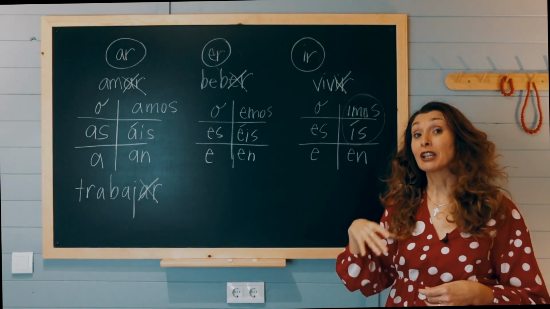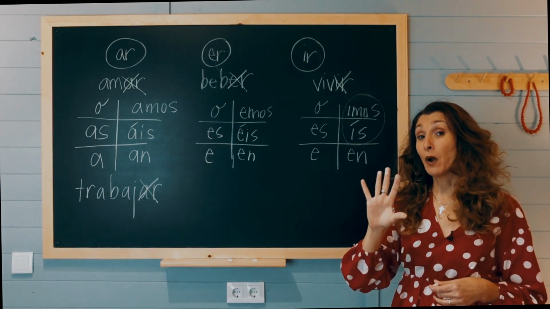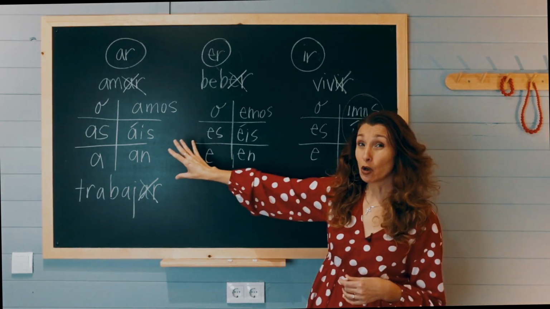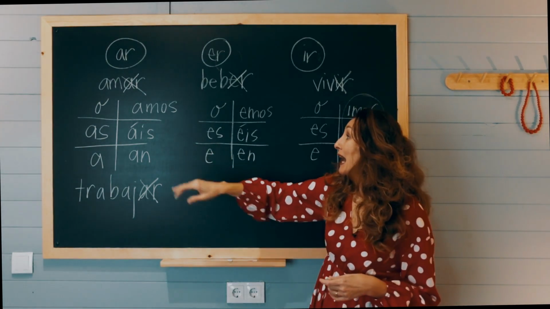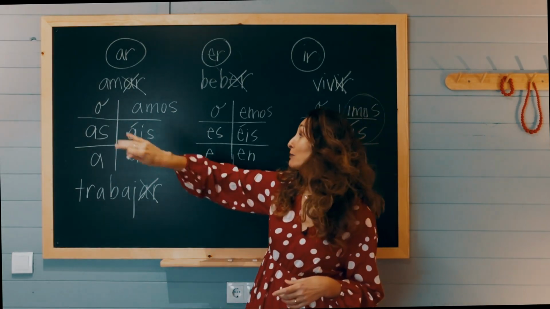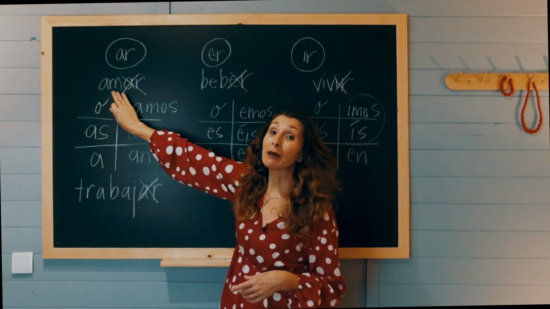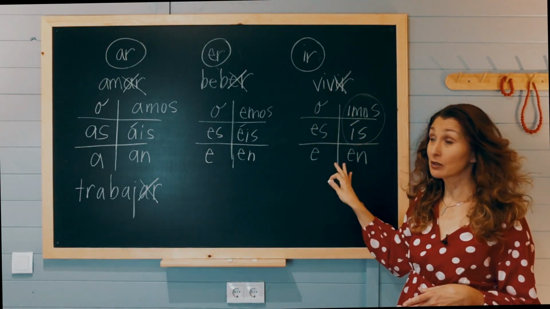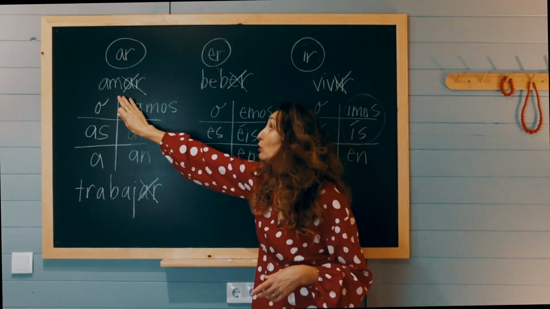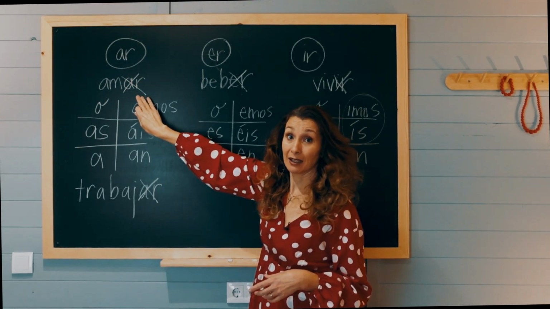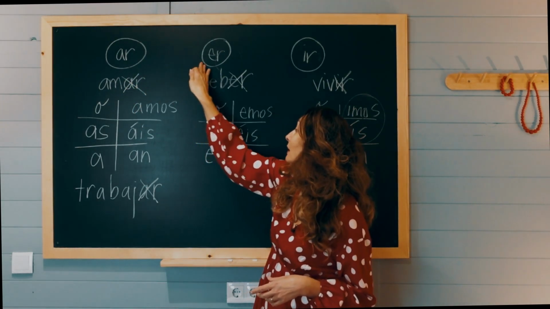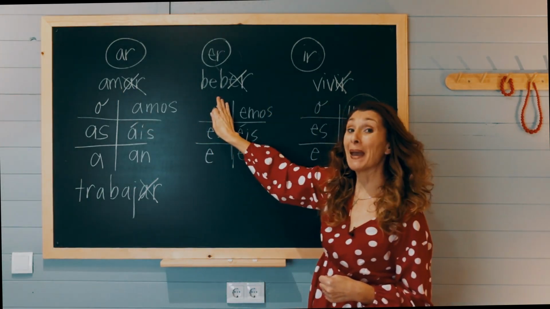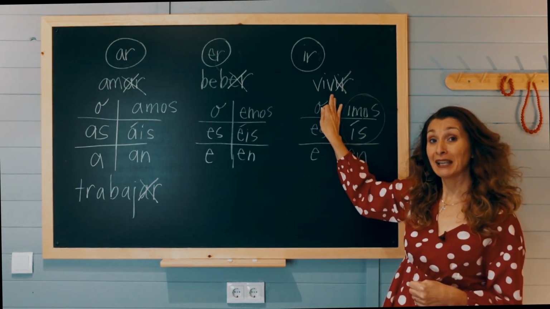There are also irregular verbs where some things might change, okay? It's not so much about the endings, but we will come to that, as it is something that happens with the root, okay? Because with these verbs, nothing happened with the root. Once we got rid of this ending, ar, er, or ir, the root was am, beb, and viv.